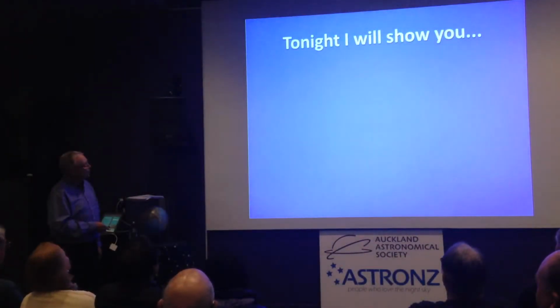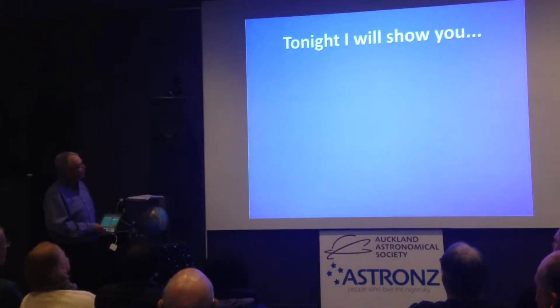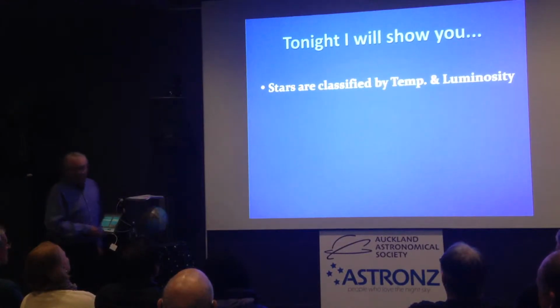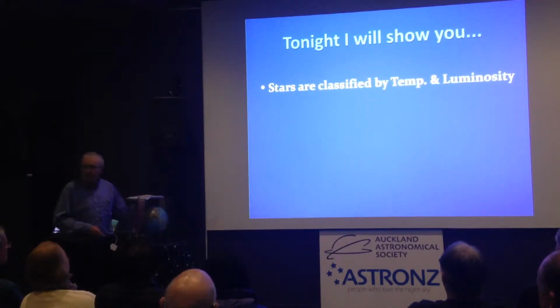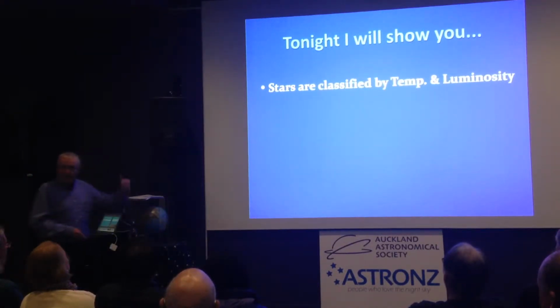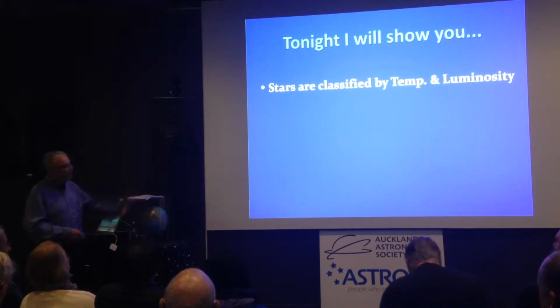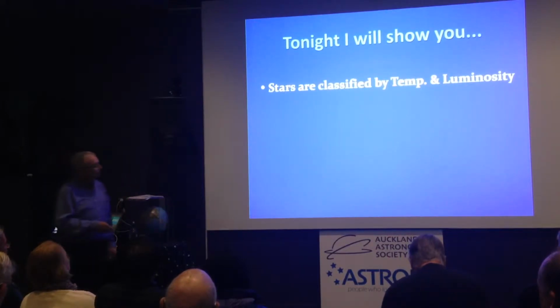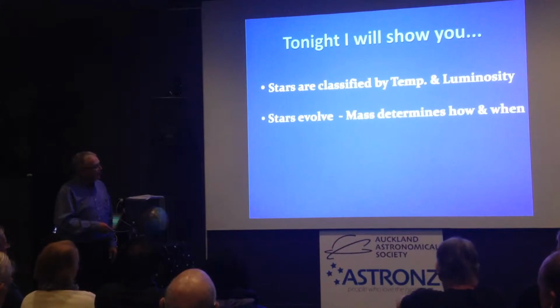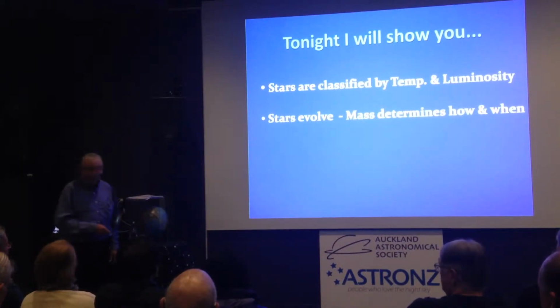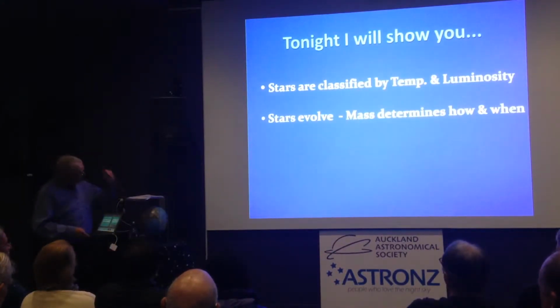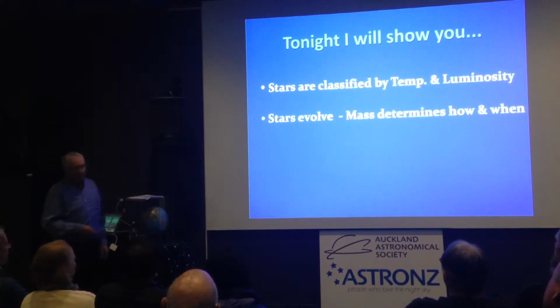Okay, so tonight, key take-home messages will be: stars are classified by their temperature, how hot they are, and by their luminosity, how bright they are. Stars evolve over the passage of time, and here's one of the key points of tonight. It's the mass of the star that determines how it evolves and when it evolves.